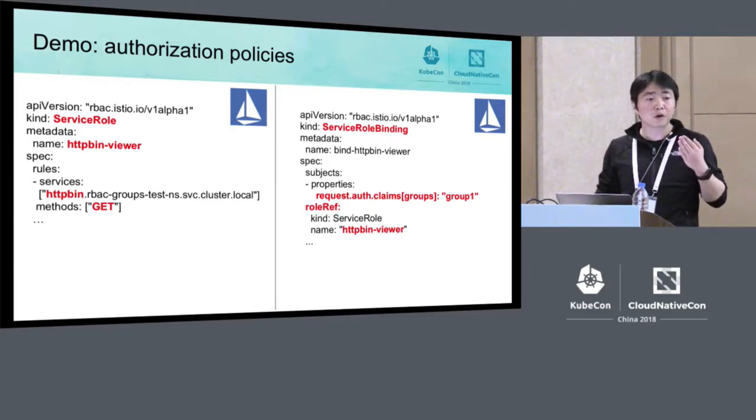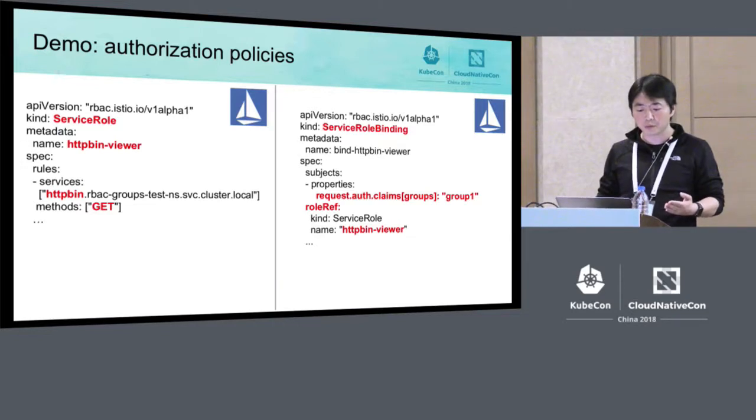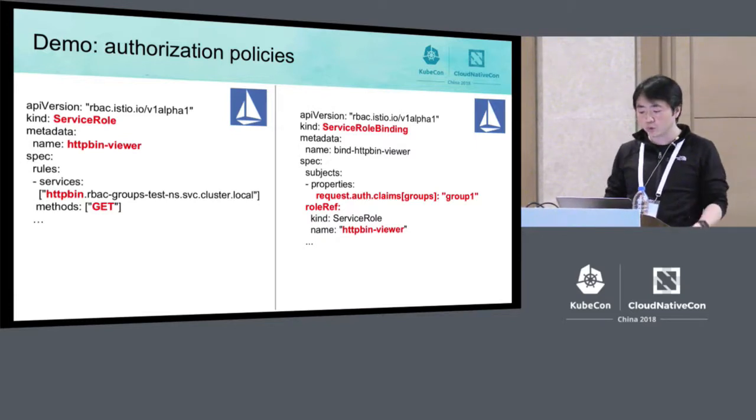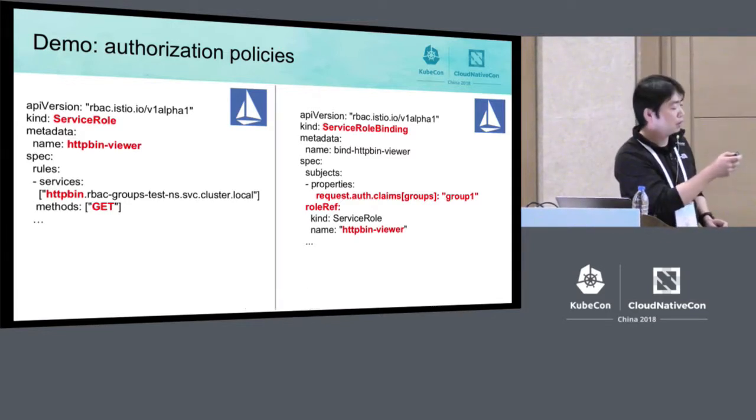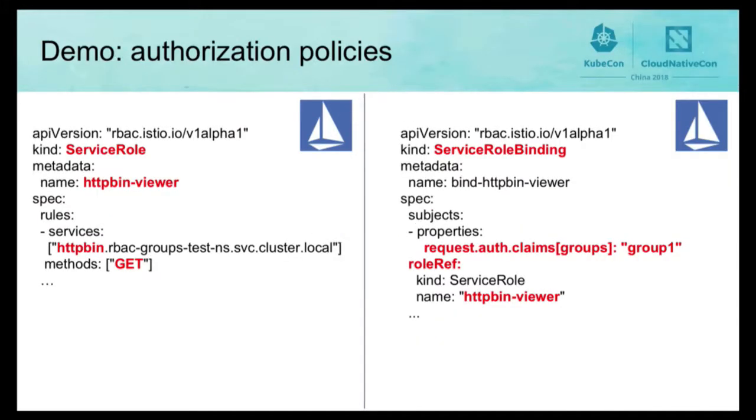For this demo, the authorization policy will restrict the end user to be from group 1 here. Let me use a pointer. Here, group 1. So this basically restricts the end user.